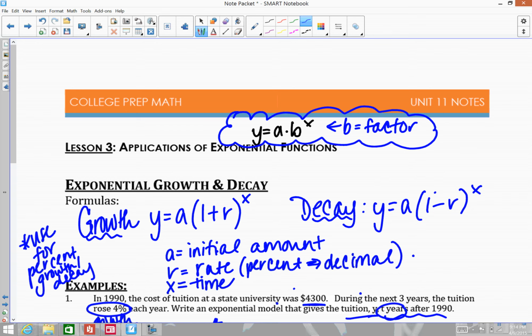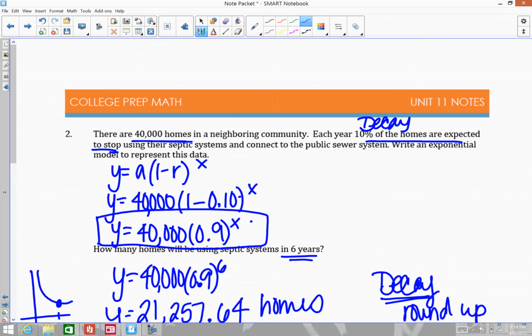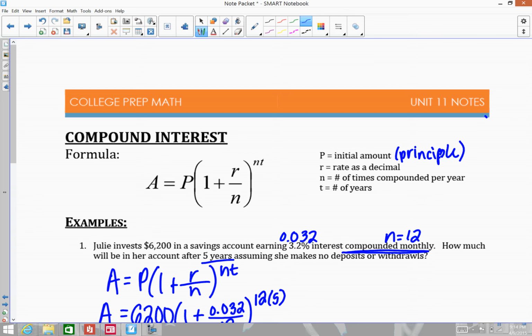So it's just the b. So those are all the different scenarios. Typically when it's talking about money, you're going to be using either this compound interest formula or the compounded continuously interest formula.